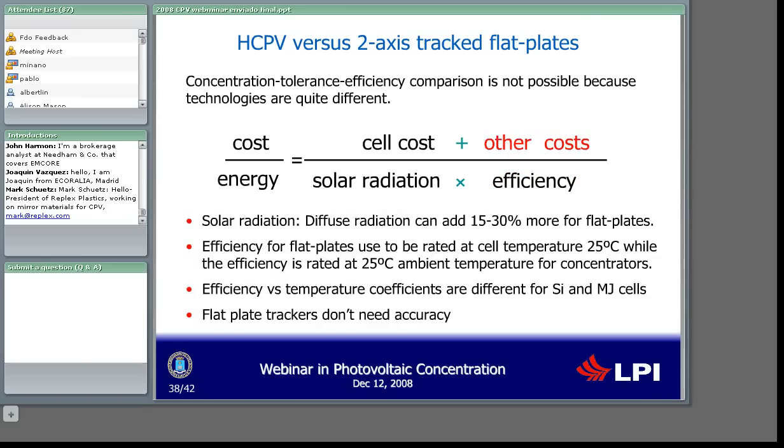What is also very relevant is the fact that flat plate trackers and, in general, flat plate systems and manufacturing don't need the same level of accuracy as concentrators.